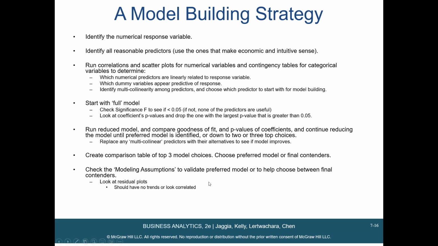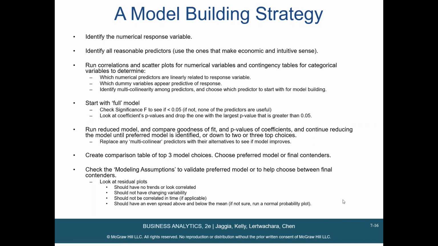So you look at the residual plots, you should have no trends, should not have any changing variability, and should not be correlated in time, and should have an even spread above and below the mean. If you're not really sure, you can run that normal probability plot like I just showed you. Okay, so that's how you arrive at your final model that you will then use to interpret the coefficients and make predictions.